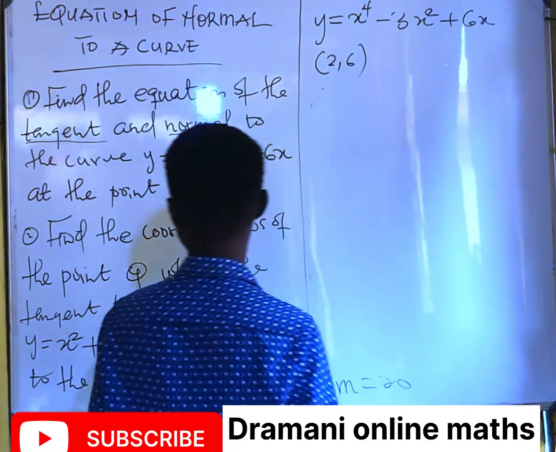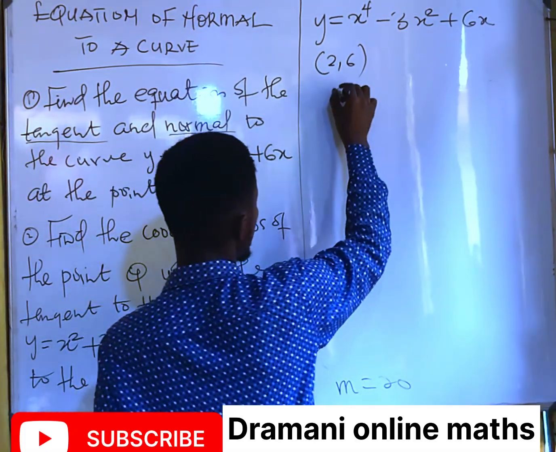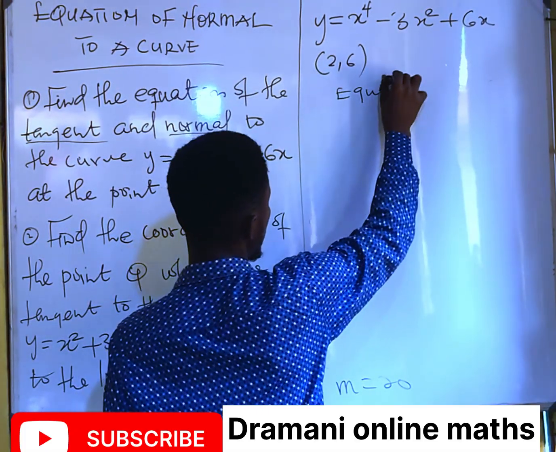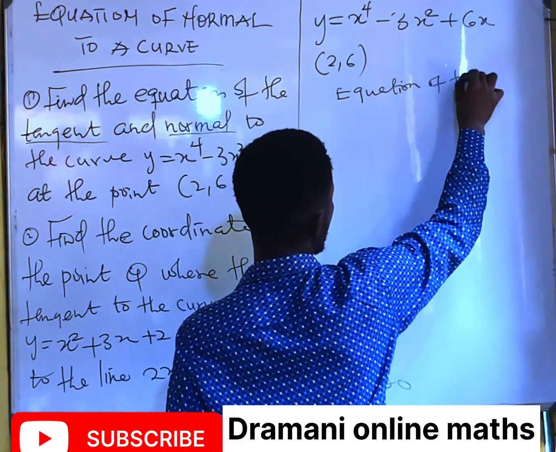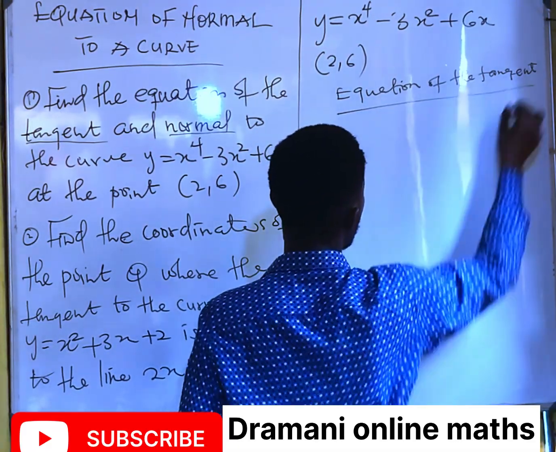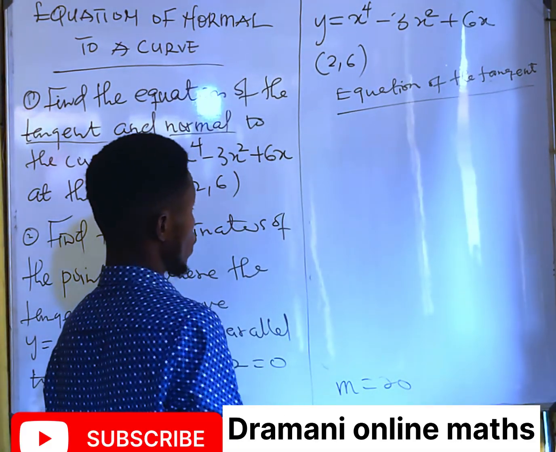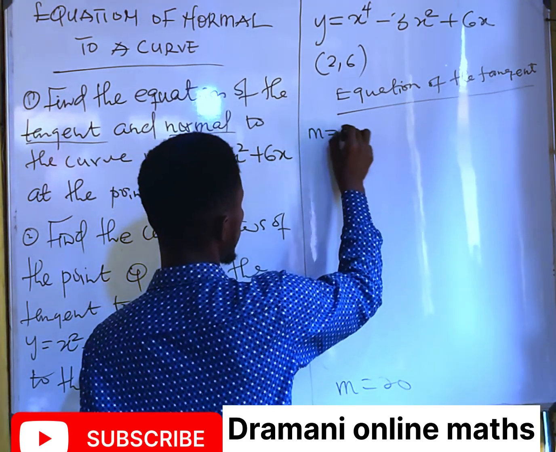Now we have to find the equation of the tangent and the equation of the normal. First let's look at the equation of the tangent. Already I've seen the gradient to be 20.